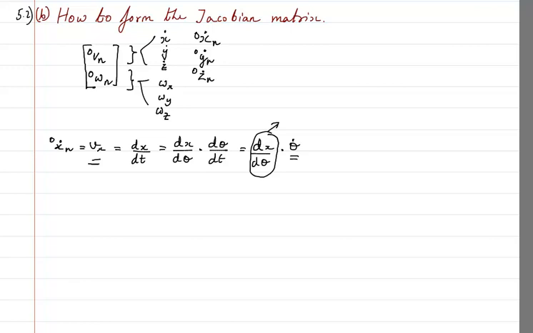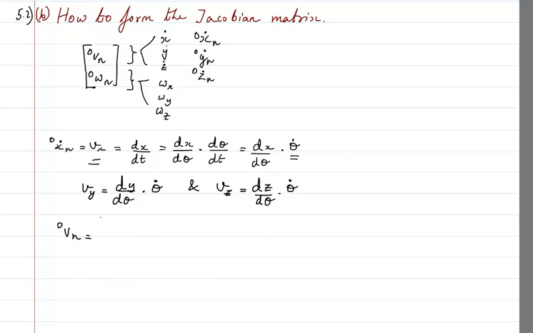Just like that, we can have for the case of y, Vy as dy by d theta into theta dot, and Vz as dz by d theta into theta dot. Together we can find 0vn.